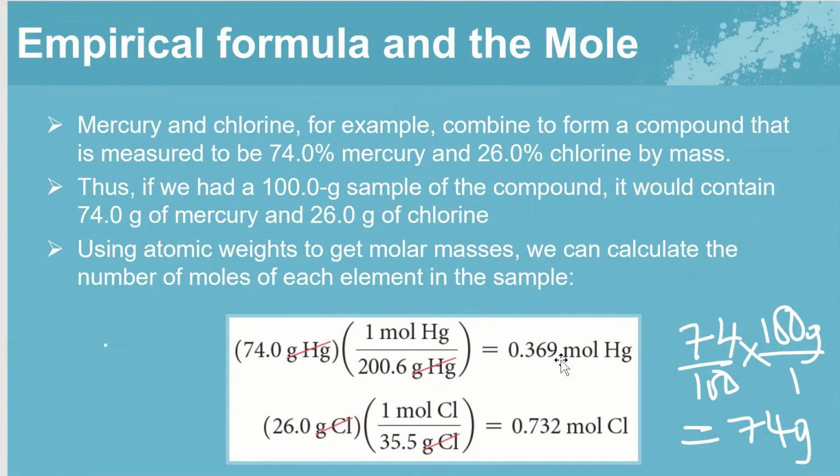And we divide and we get the number of moles here. For the second part of the calculation, for the chlorine, we're converting grams to moles again. And so we divide through and we get the number of moles of chlorine.